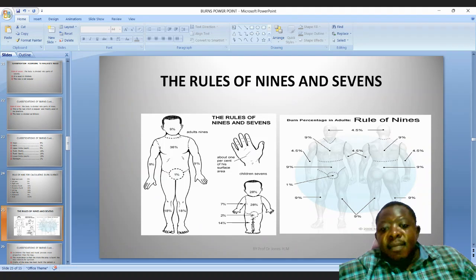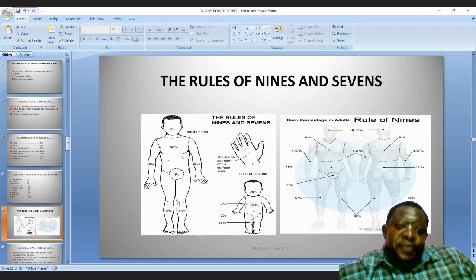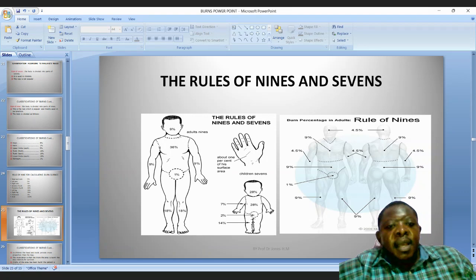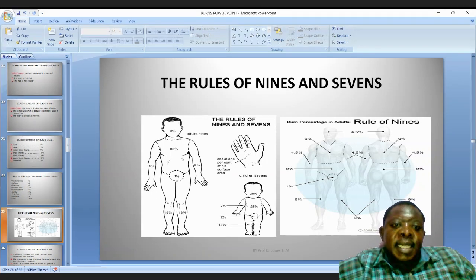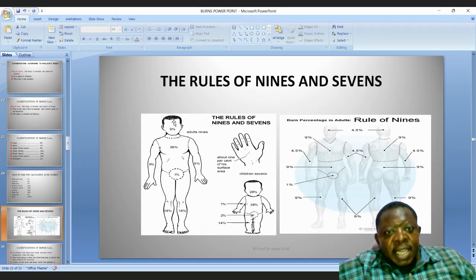In diagrammatic representation, for the adults, we have the head, where we're saying the head is 9%, with the neck included.